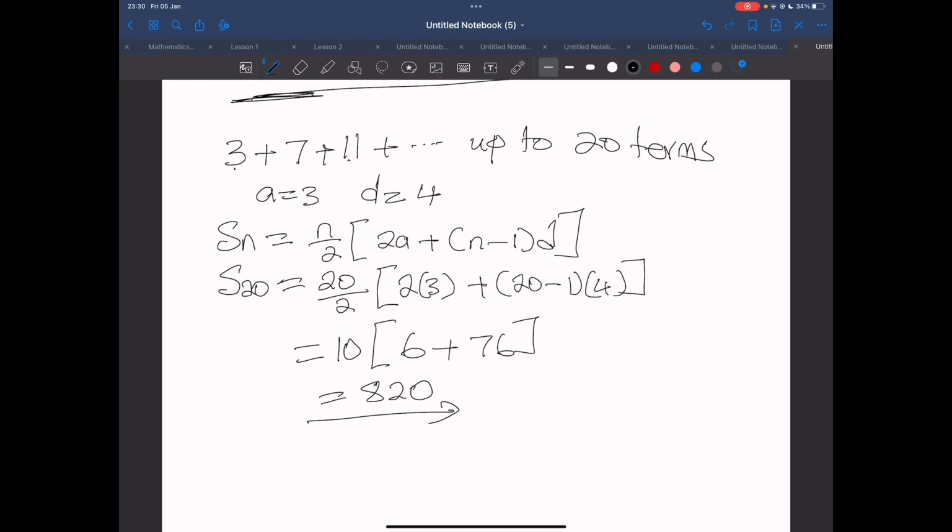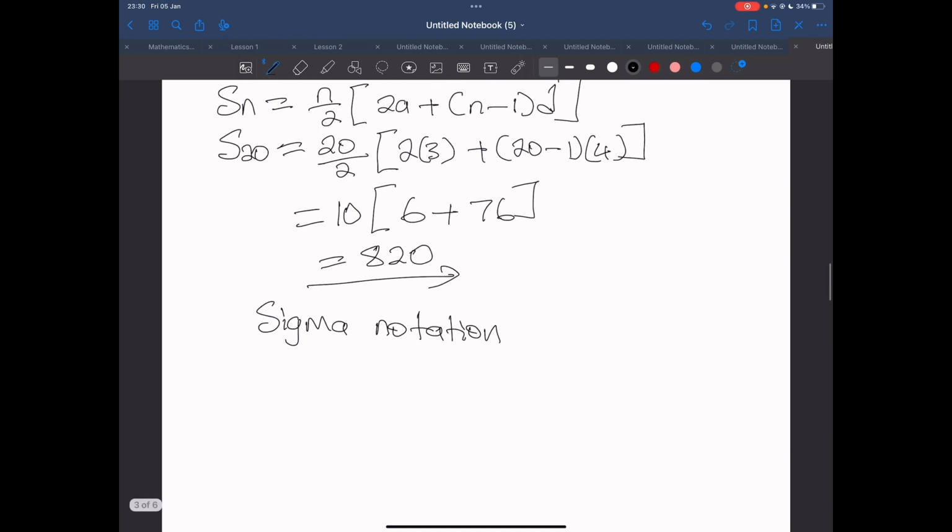Okay, so we are going to look at something else that goes with the summation, and that is called the sigma notation. Now, this sigma notation is a Greek symbol.